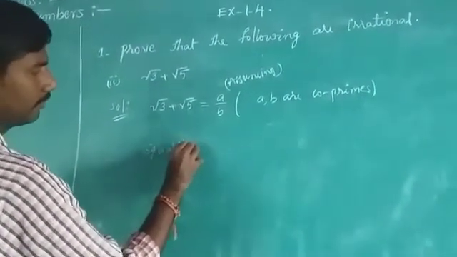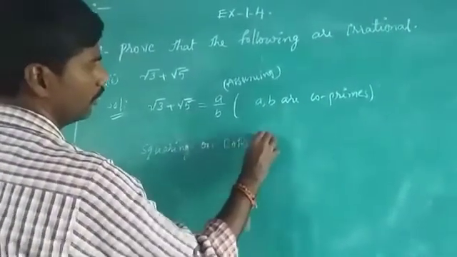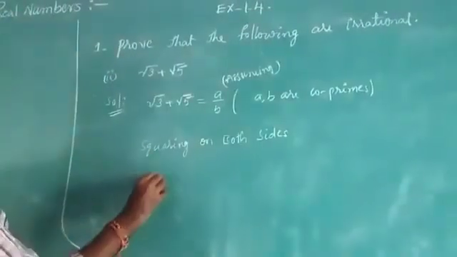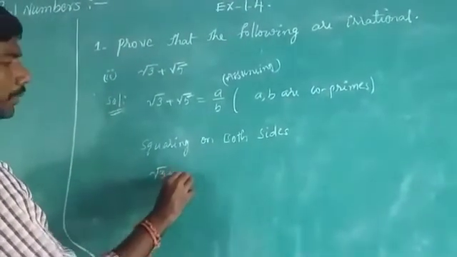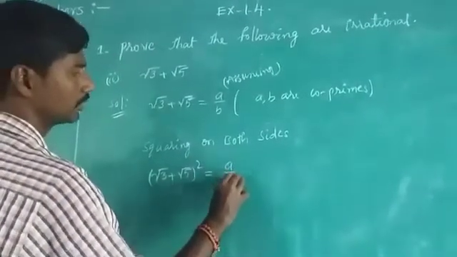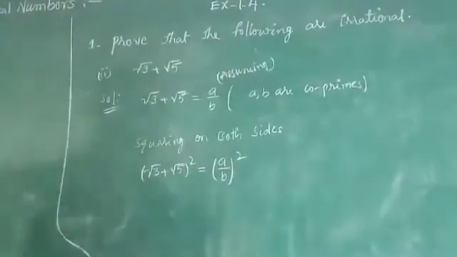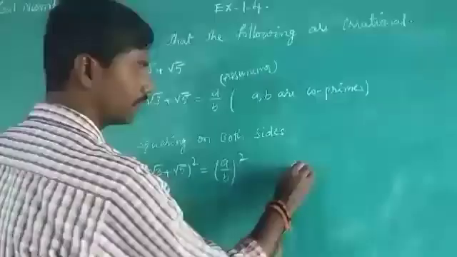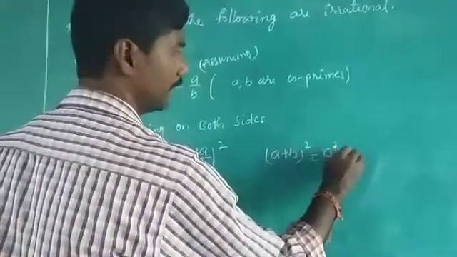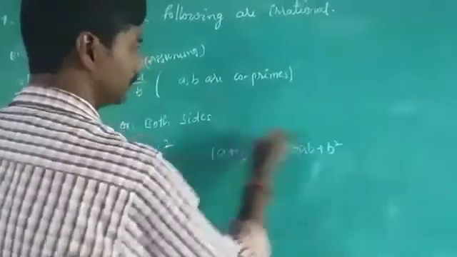Squaring on both sides, you will write root 3 plus root 5 whole square is equal to a by b whole square. We know the a plus b whole square formula: a square plus 2ab plus b square.